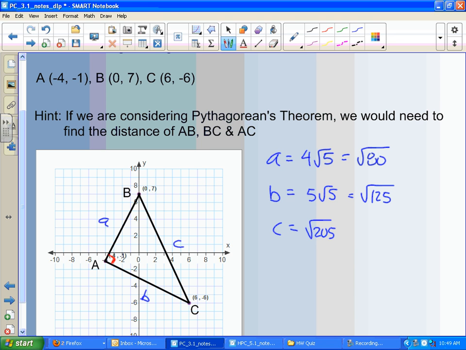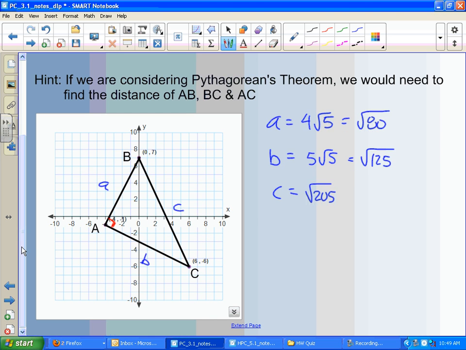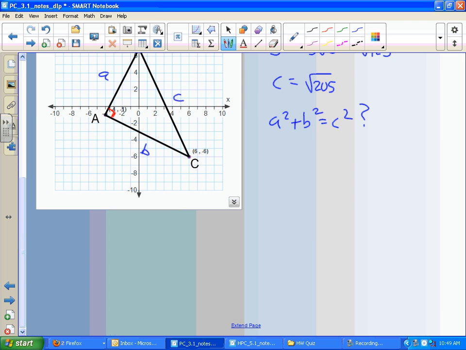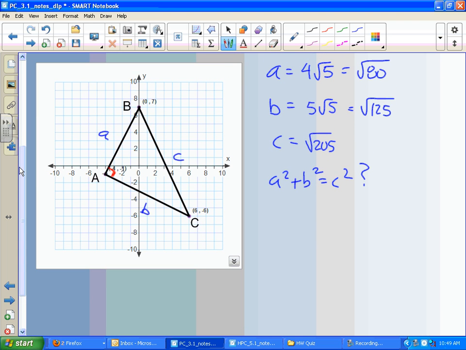Okay, so if this thing is a right triangle, that would mean if I squared A and I squared B and added them together, I would get C squared. Let's see if that's true. Is A squared plus B squared equal to C squared? That is the question. We're going to leave them in radical form here.